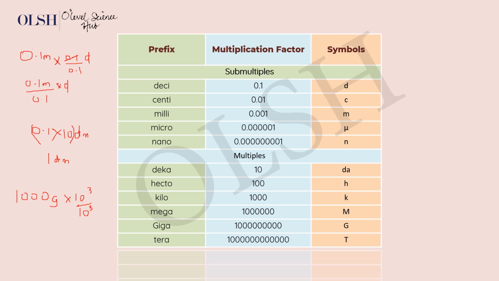We want to bring kilo into this. So we take that 10 raised to the power 3 numerator out and replace it with the k. Of course, we now use the other denominator value to alter the number. So what we're going to have now will be 1000 grams divided by 10 raised to the power 3, which is also 1000.